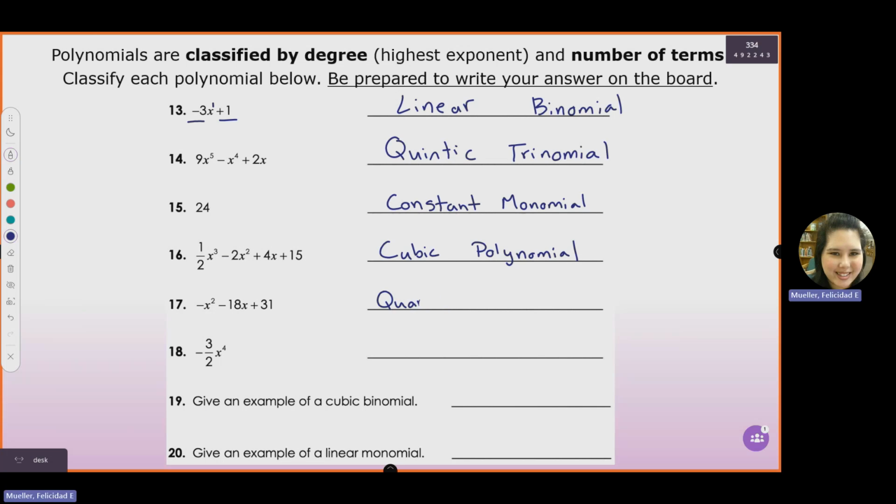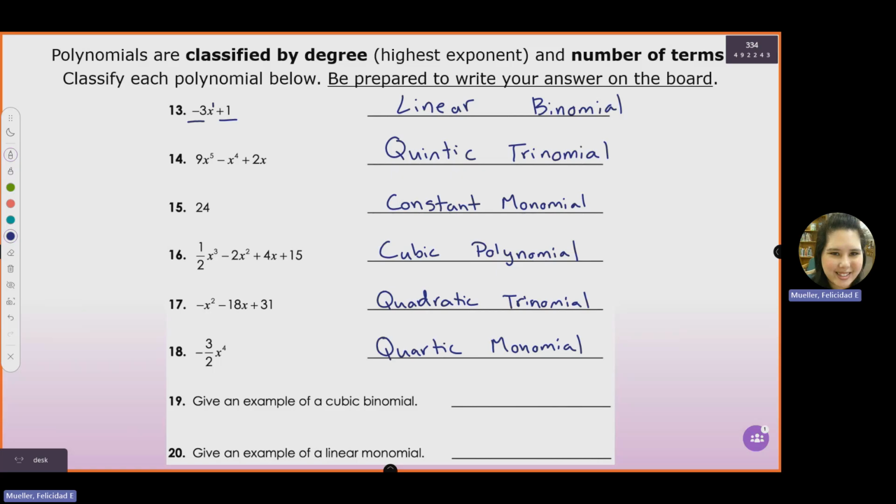You know what, how about if I can spell quadratic right? Quadratic. Trinomial. We have a quartic monomial.